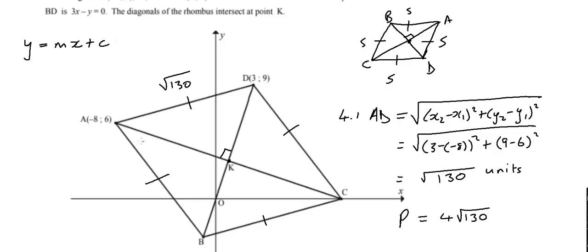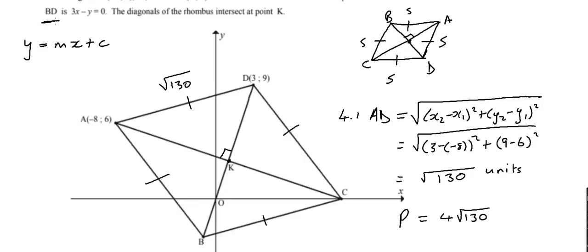All we know is that AC is perpendicular to BD. It's very difficult to find the gradient of AC from its coordinates because we are only given one coordinate. AC passes through A, K, and C, but K and C have no coordinates.